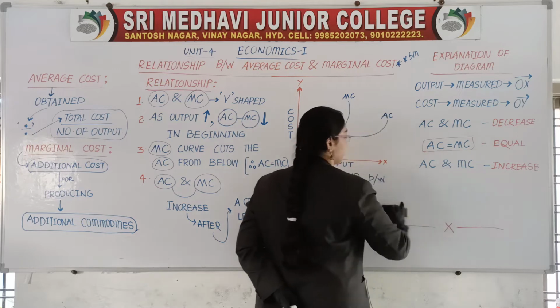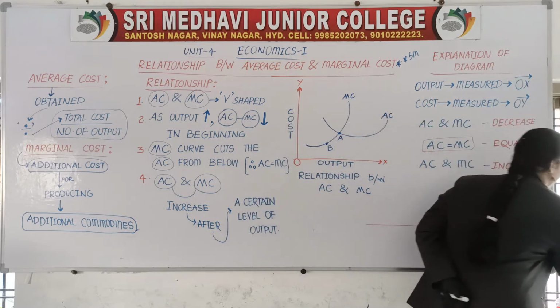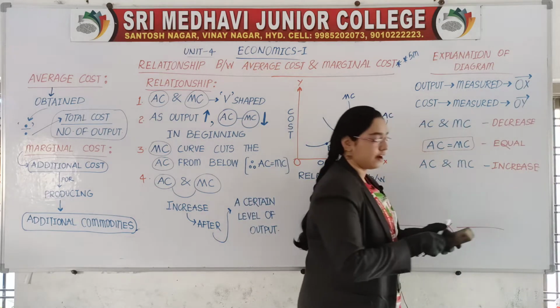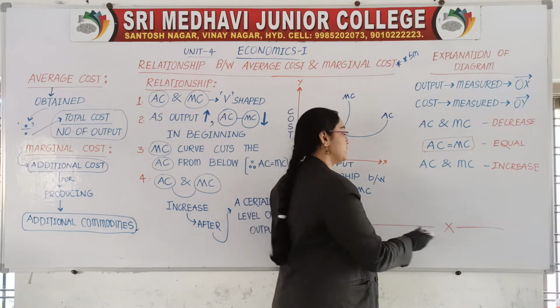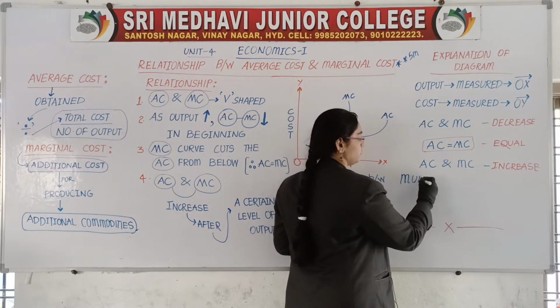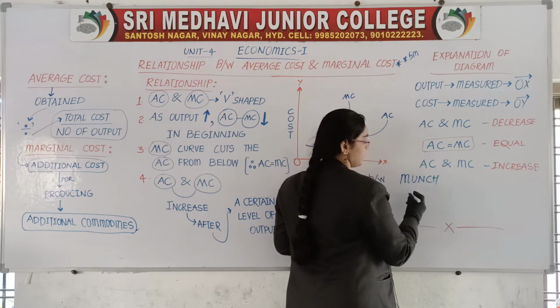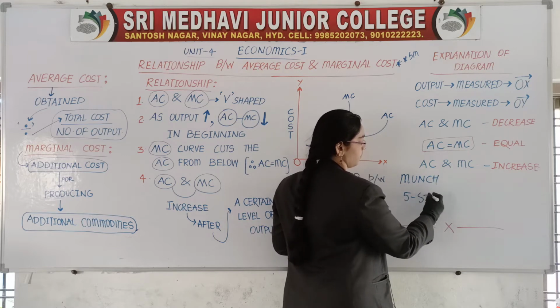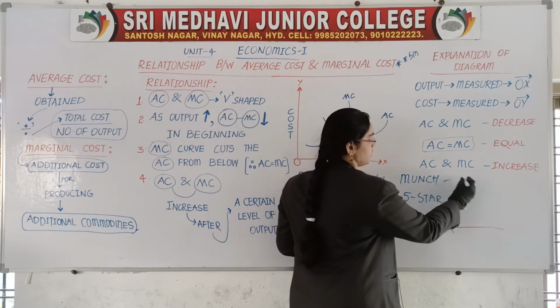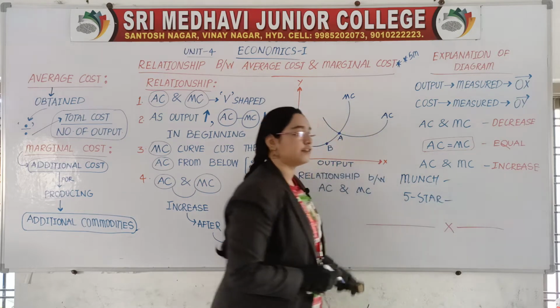Now imagine we have 2 chocolates. Alright, how many chocolates we have? Two chocolates. One is Munch and the next is 5 star. We have Munch and 5 star.